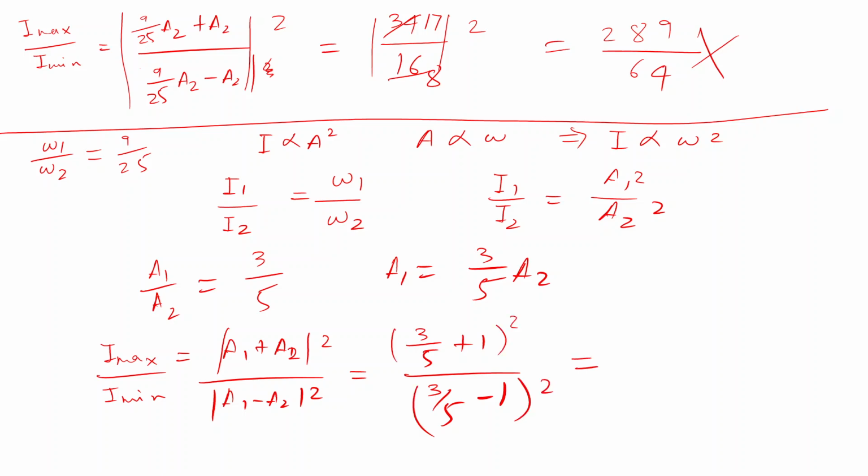This will give 8 by 5 over 2 by 5, square. 5 will be gone.